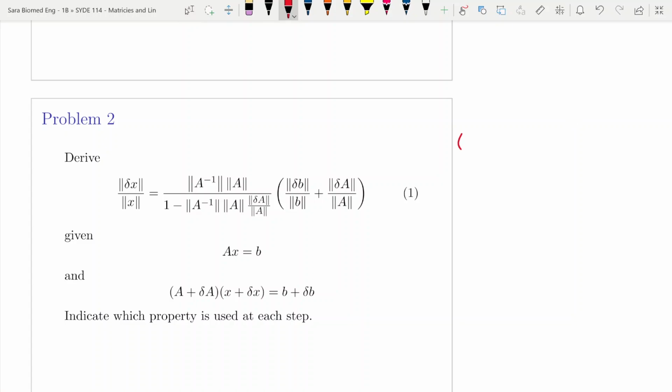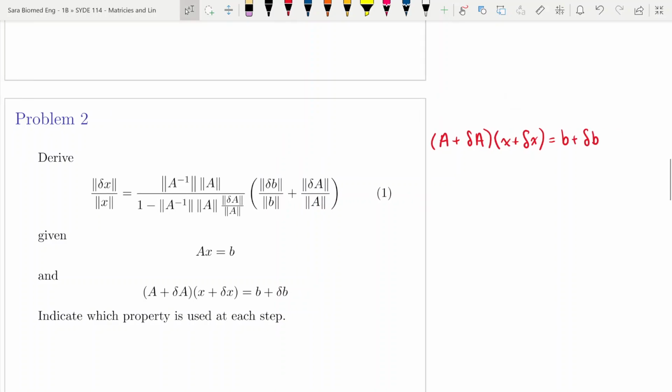equation. Delta A times x plus delta x equals b plus delta b. And the original one is Ax equals b. So what does this mean? First of all, Ax equals b is some system you have, right? It's a system of equations.